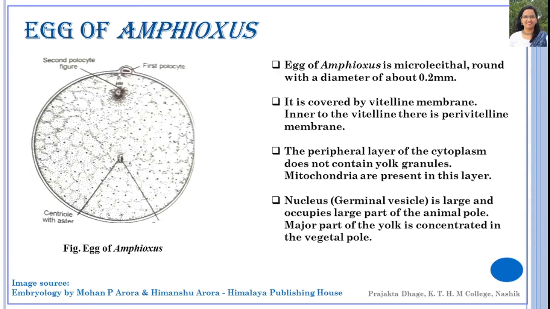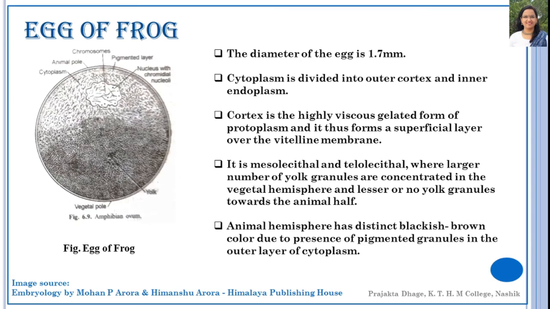Now let's move on to the next type of egg, which is referred to as the frog egg. The size of the frog egg is roughly 1.7 millimeters. The cytoplasm will be divided into two parts.